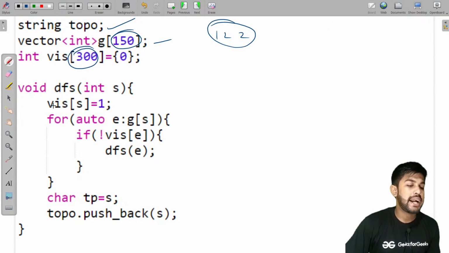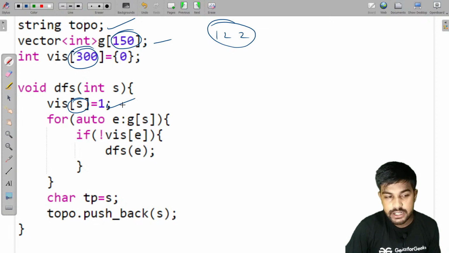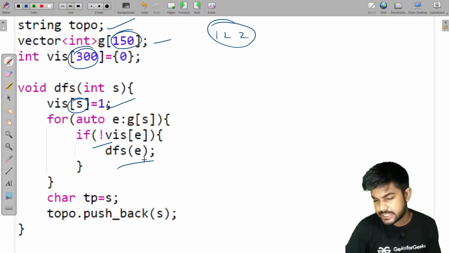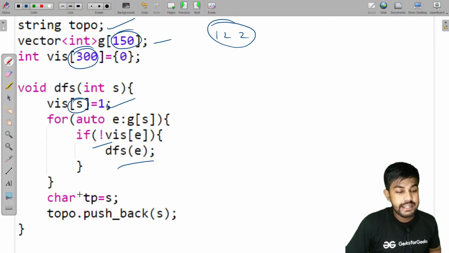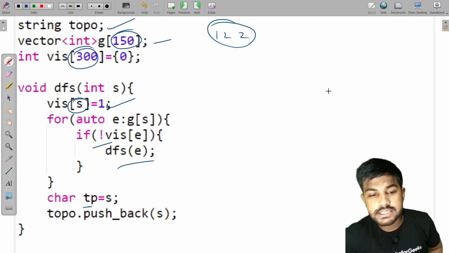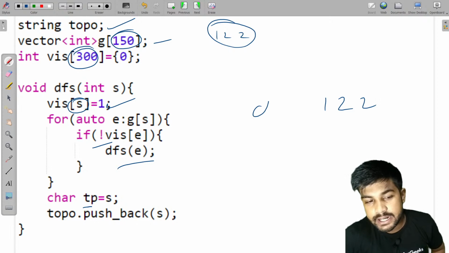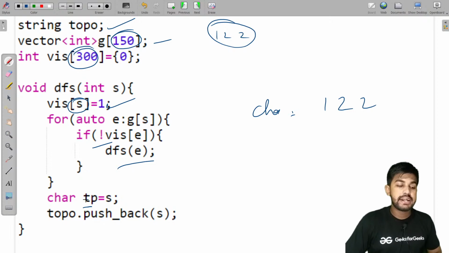Okay, so at first what we are doing, at first we are marking the things as visited. Okay, and then if it is not visited, we are visiting it just like the normal DFS, and then we are assigning the character to TP just like I told you. And if you assign 122 to a character, then it would be assigned as Z. So now it is at Z and we are pushing it to the string.